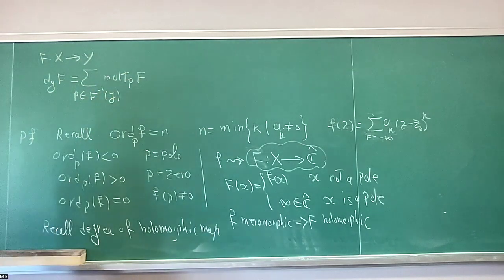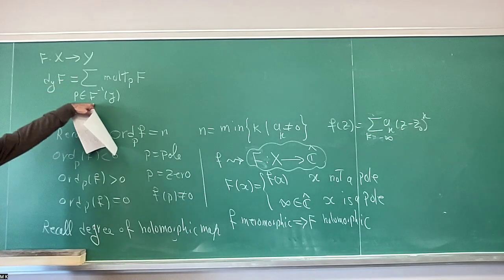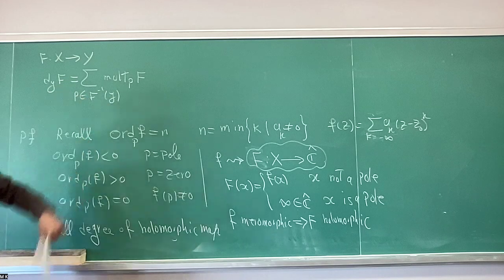So we pull back this point y in Y, there are some points in the inverse, and then we compute the multiplicities and add them.